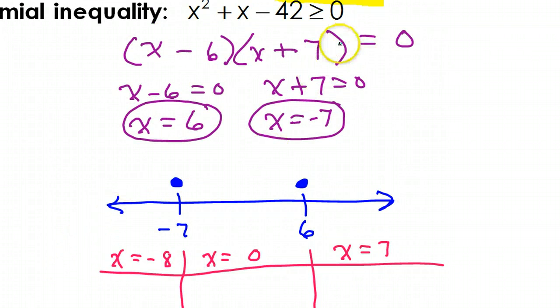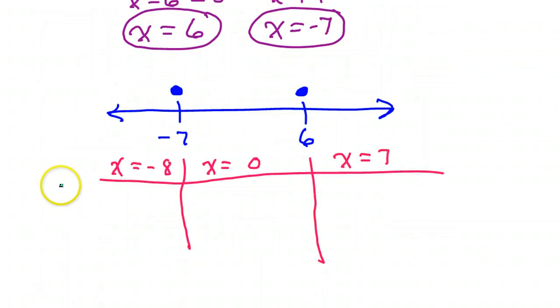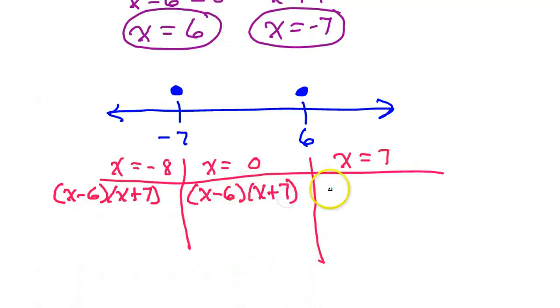Now, I am going to use this version of the inequality. Put this back to an inequality again. Okay, so let's see. X minus 6 times x plus 7. I'm going to do that all 3 times. X minus 6 times x plus 7.